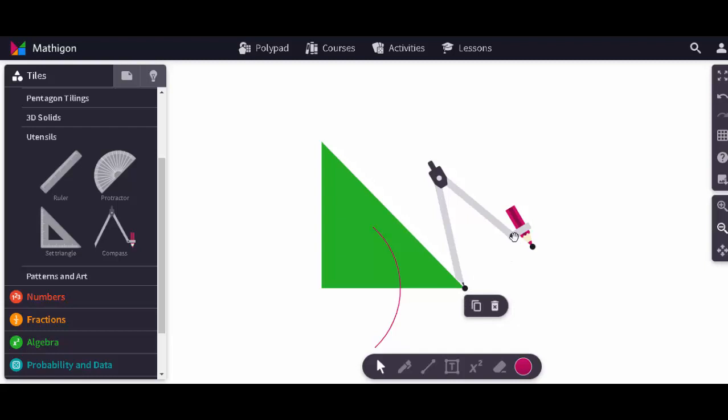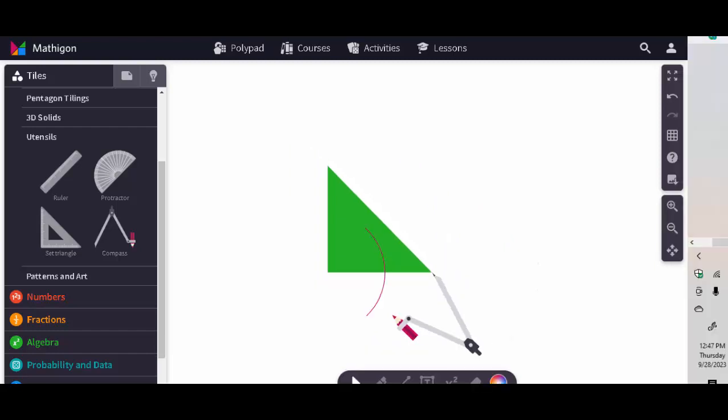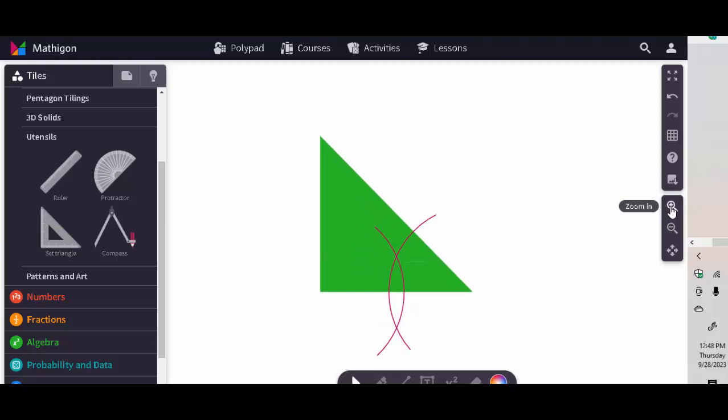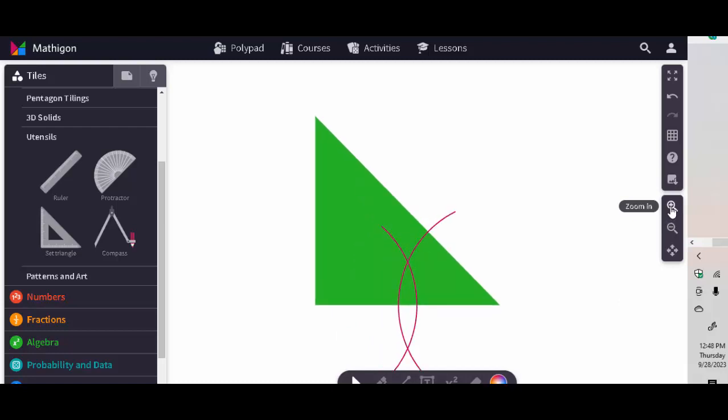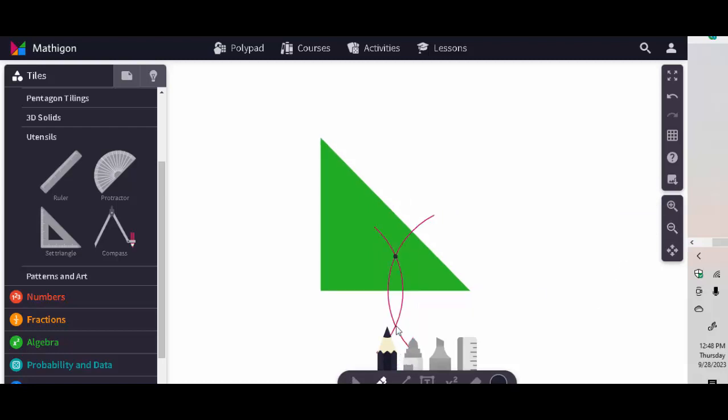We're going to leave it how it is and put it right in the corner. Now bring it over here, and we're going to make another arc. If we look at this now, we can see that we made two arcs, and you can see they intersect. One intersection is here, and the other one is right here.